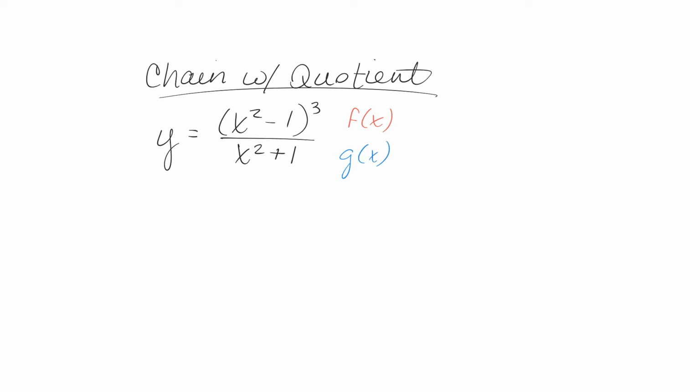And remember that quotient rule says the derivative is going to be g times f prime again, but we subtract and we divide by g squared. So we're going to follow that. So y prime is going to be g of x, which is just x squared plus 1, times the derivative of f.